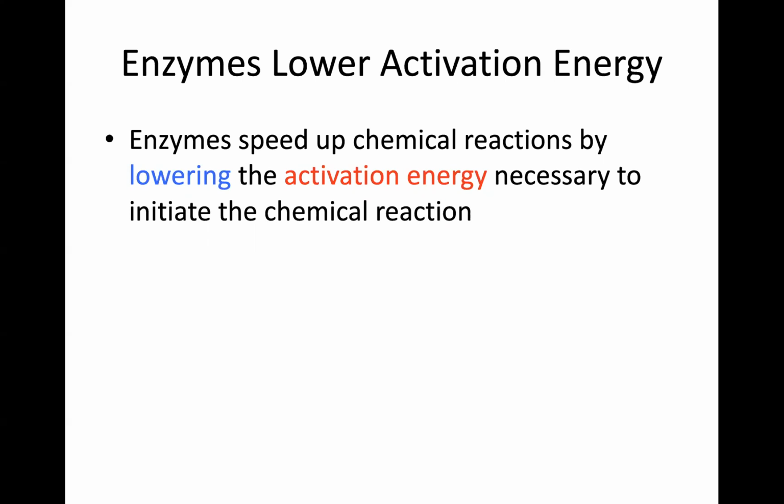Enzymes come into the equation as a mechanism for lowering the amount of energy that's required for this chemical reaction to take place. So we say that enzymes speed up chemical reactions by lowering the amount of activation energy that's necessary to initiate that chemical reaction.